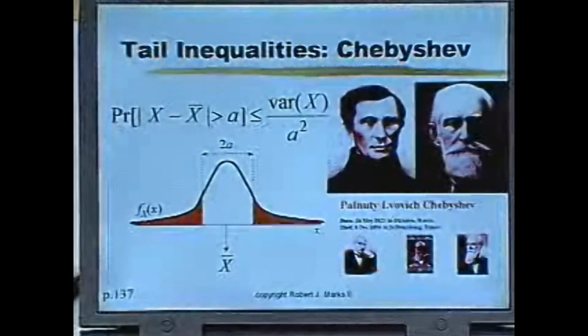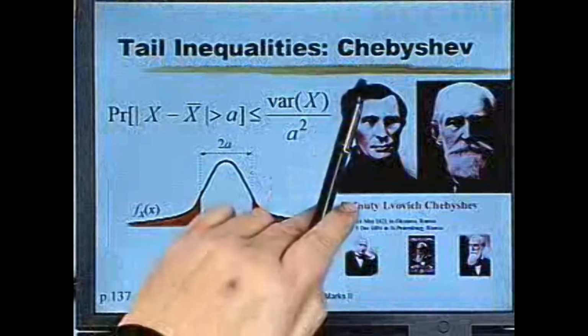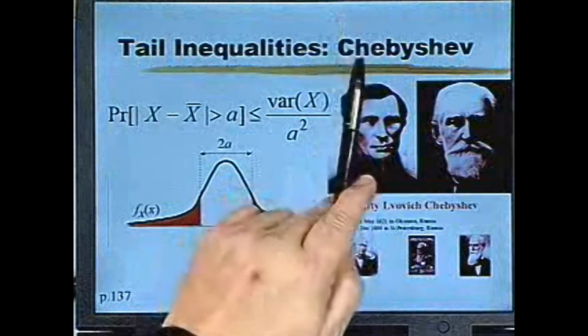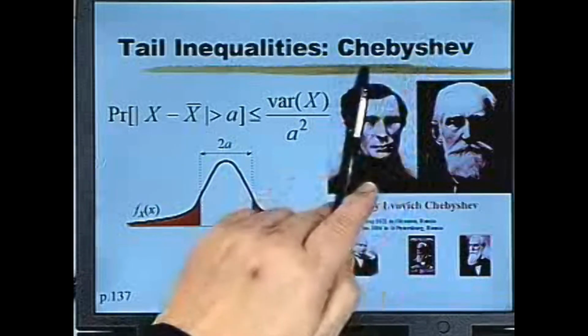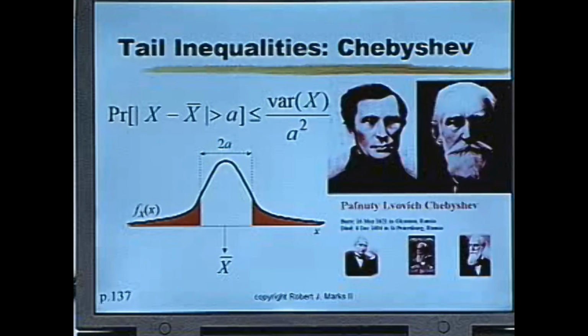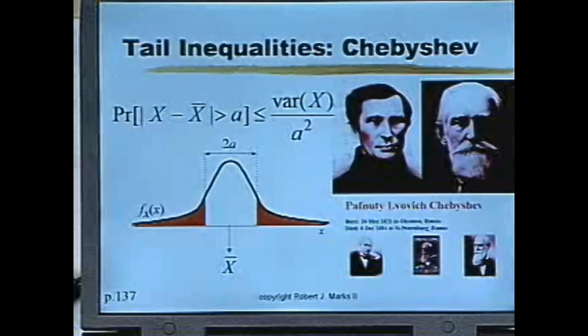Nobody agrees on how to spell his name. This is the one that's used here. I've seen it spelled starting with a T, and sometimes it's CHEF, and sometimes it's T with a C, T with a S. Anyway, there's all sorts of different variations of the spelling of Chebyshev. He was a great mathematician that lived in Tsarist Russia.